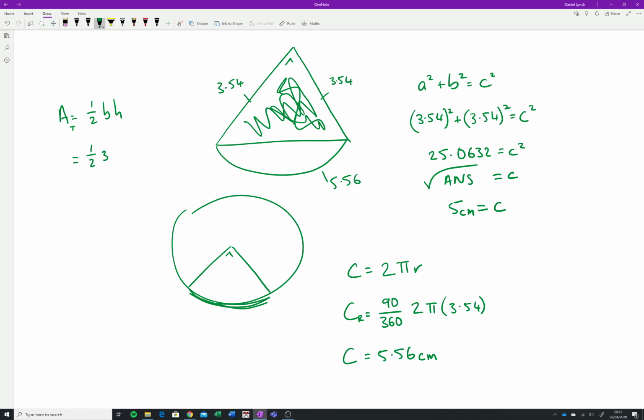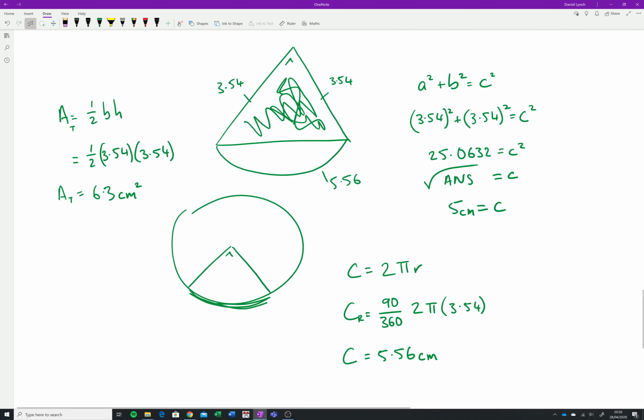Instead, take the base as 3.54, and then the perpendicular height will also be that. So 3.54 squared, and divided by 2. The area of the hollow bit, to 1 decimal place, is 6.3 centimeters squared.